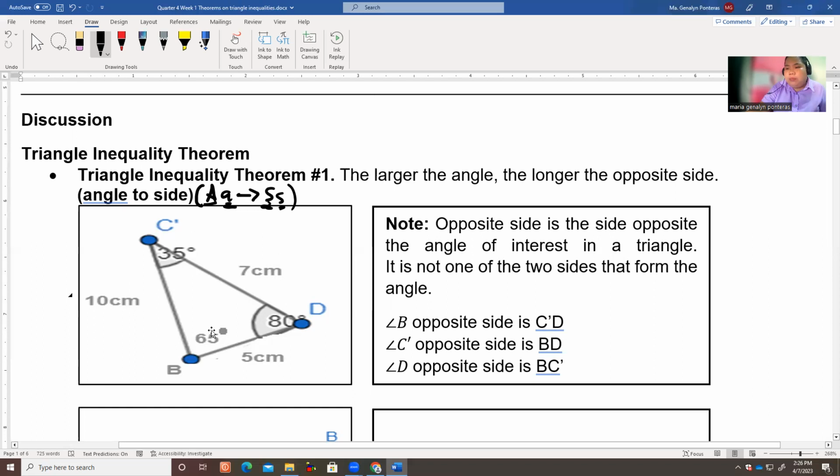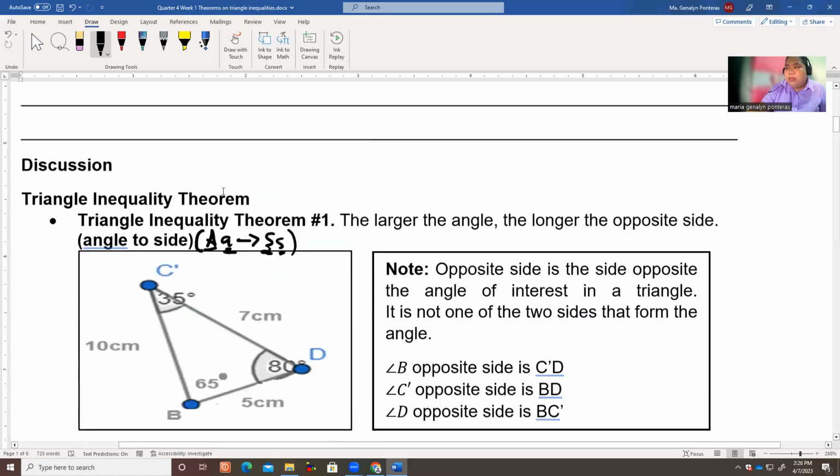Take note that the opposite side is 7 cm, which is smaller than 10 cm but larger than 5 cm. That's the angle in between. Then 80 degrees, the largest angle, has an opposite side of 10 cm, the longest side among the three. So that's what the first inequality theorem implies.